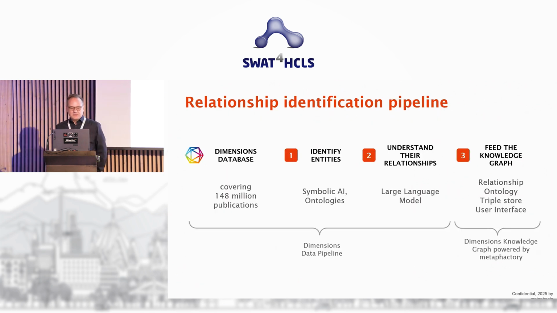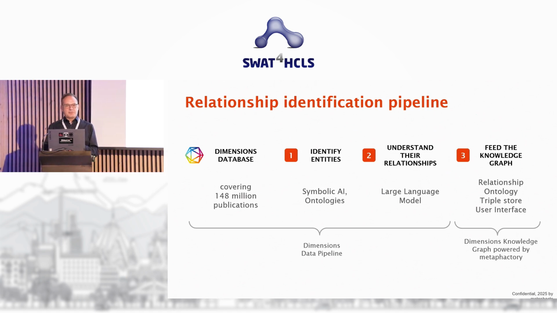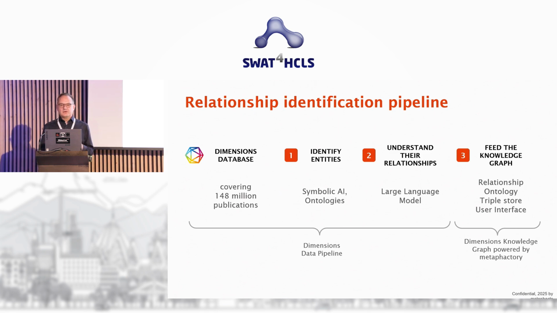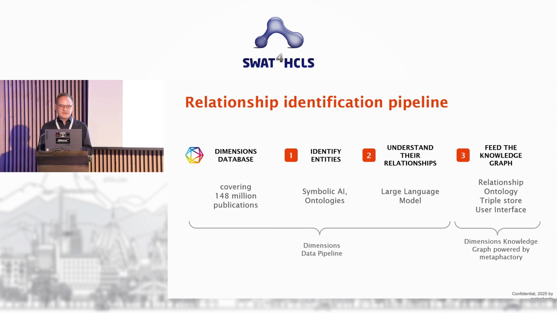How we did this in a practical process is that we started with scientific publications, where we used symbolic AI ontologies to identify the entities like proteins and so on, because this is an exercise where a language model is not so good. If you really demand high quality identification of entities, the ontology is still very useful.